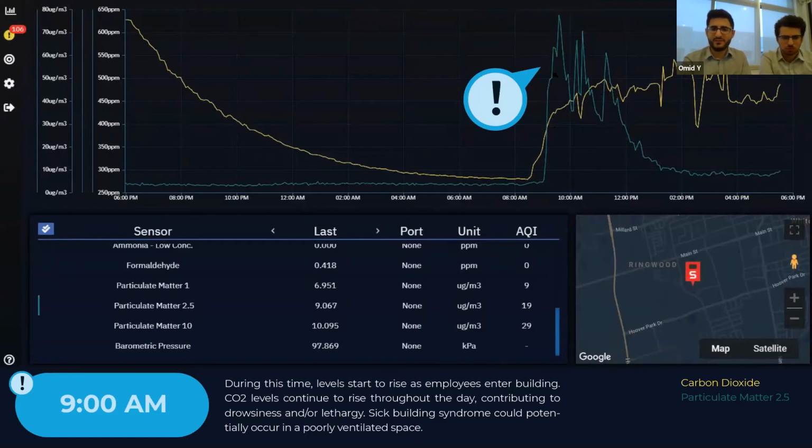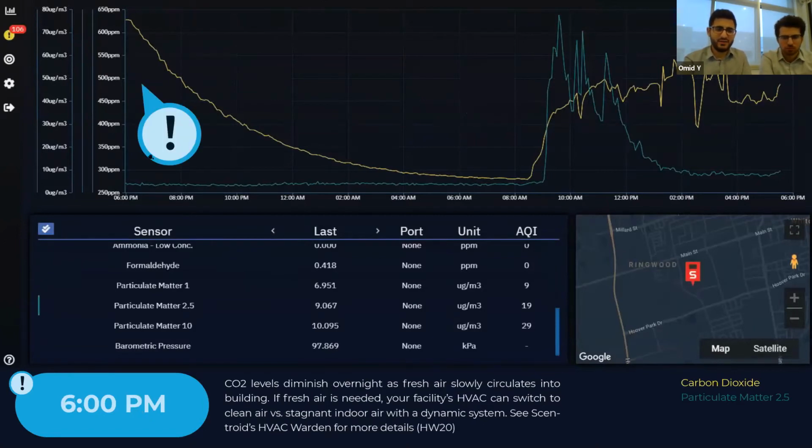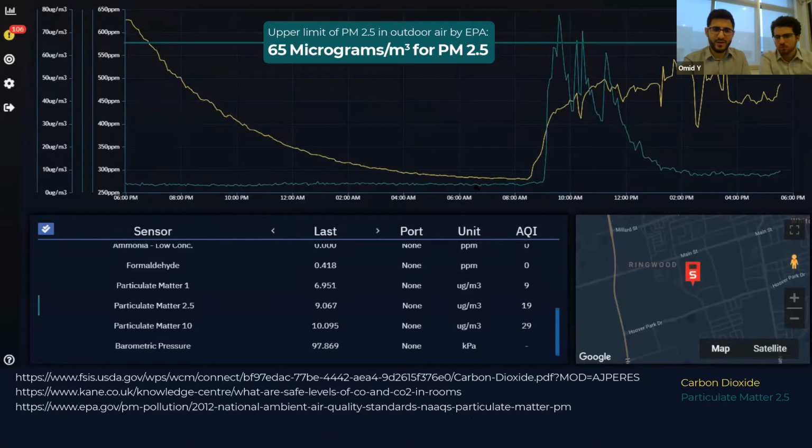At the same time, we also see the PM levels go up, and that's as a result of movement of air and the air conditioning being turned on. Near the end of the day, this is 6 p.m. the day before, we can see the CO2 levels slowly dropping back down as employees left. Again, here we can see the limit of 65 micrograms per meter cubed for the PMs.